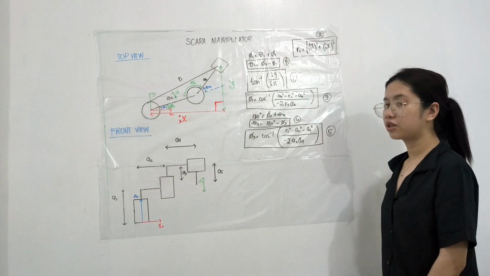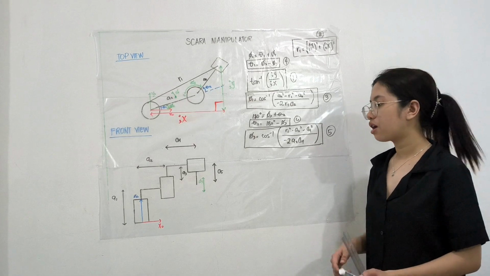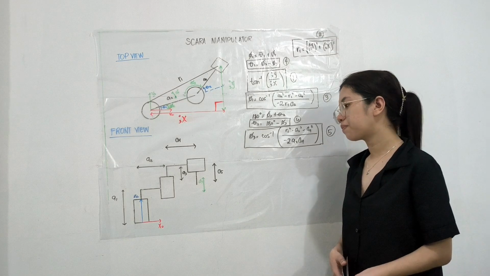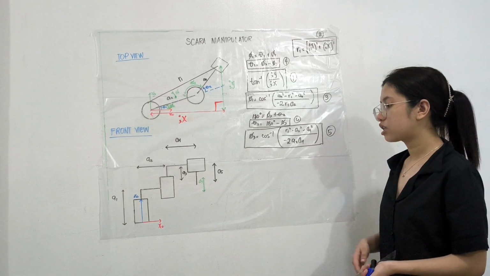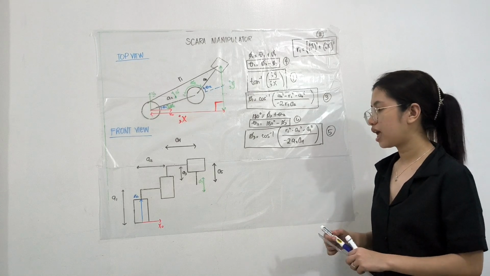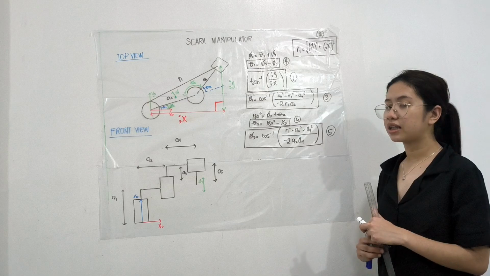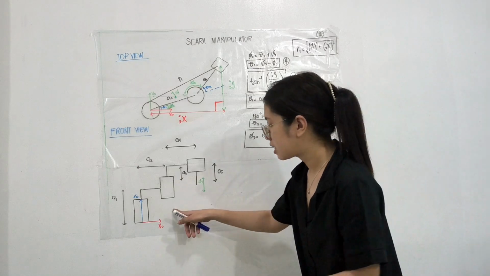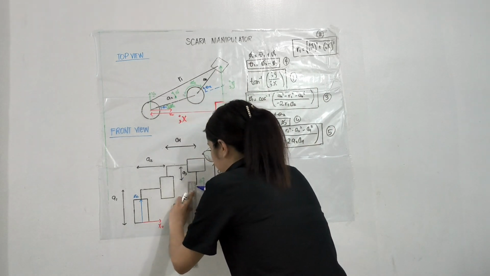This Scara manipulator also has a prismatic joint. So we have here a front view kinematic diagram. As we can see here, our end effector is pointing downward in the front view. In this view, the given element is z sub 0, 3.